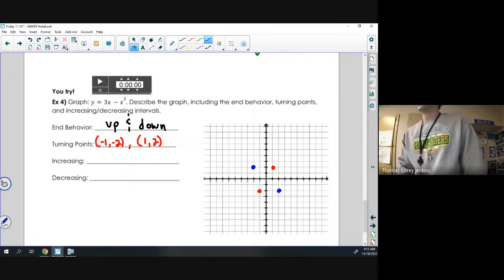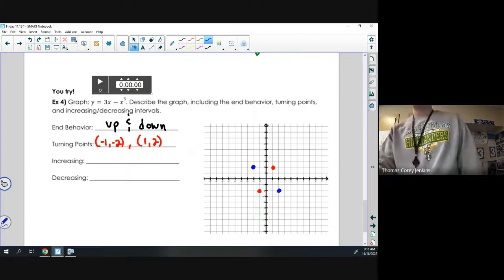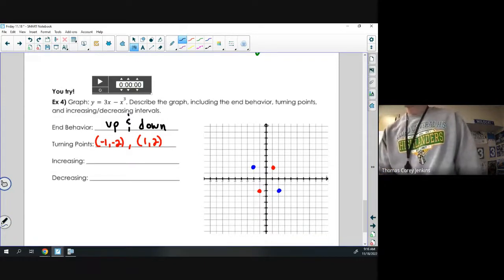Okay, so again, those points aren't going to be helpful, but if we think about the picture, we know kind of the shape of it, which is going to be like that.